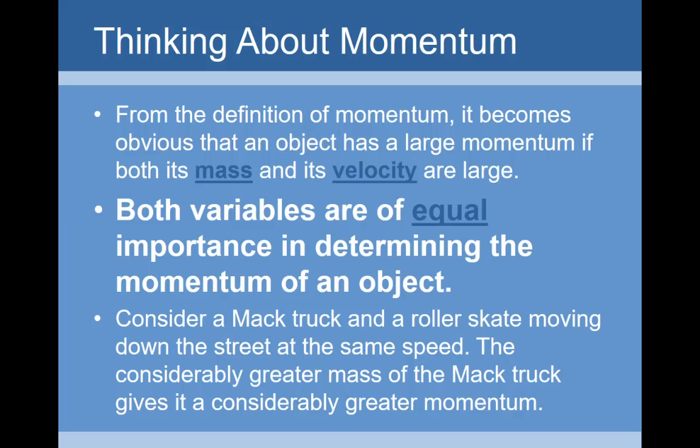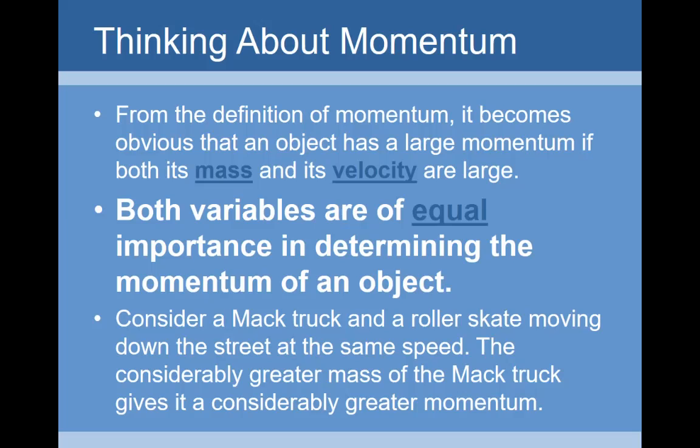If we have a Mack truck and a roller skate moving down the street at the same speed, the Mack truck is going to have so much more mass and therefore so much more momentum. If you think back to our Newton's laws videos with respect to the football players, a more massive player moving at the same velocity is going to have more momentum, which makes them harder to get down.